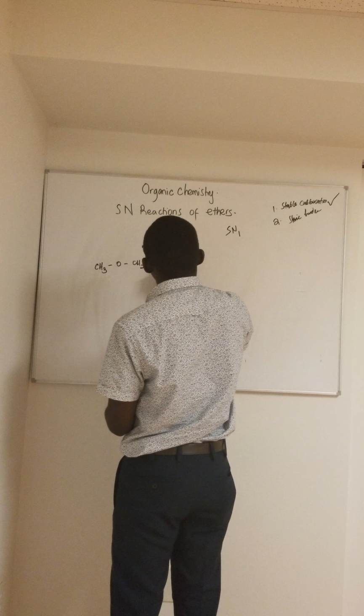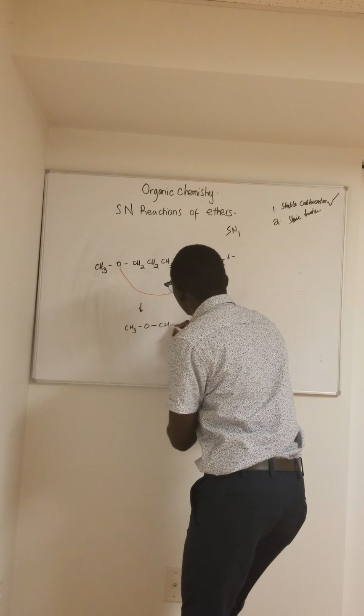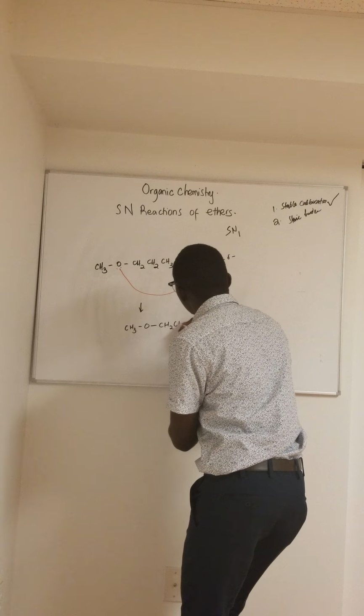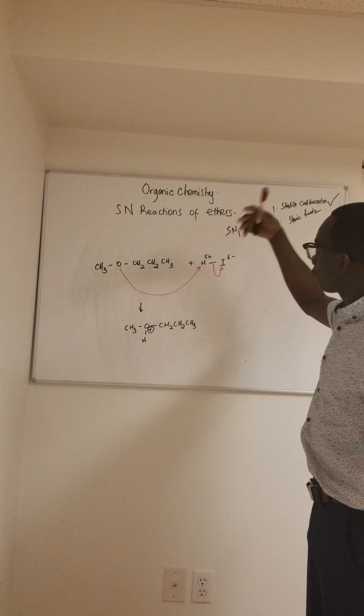Oxygen has a lone pair of electrons, so this lone pair is going to attack this hydrogen. When the hydrogen is attacked, this bond breaks off in favor of the iodide, and we shall have the following intermediate, CH3 on one side and CH2CH2CH3 on the other, with a hydrogen and a positive charge on the oxygen.